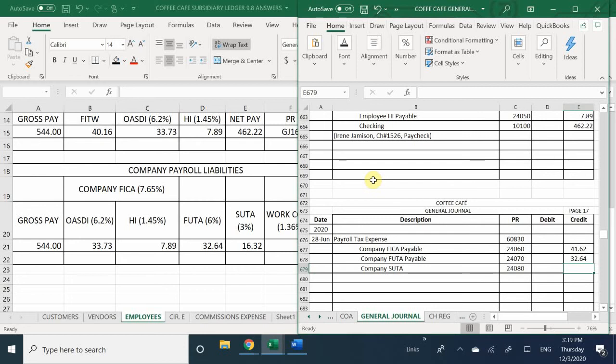For what amount? That amount is going to be $16.32. Okay.